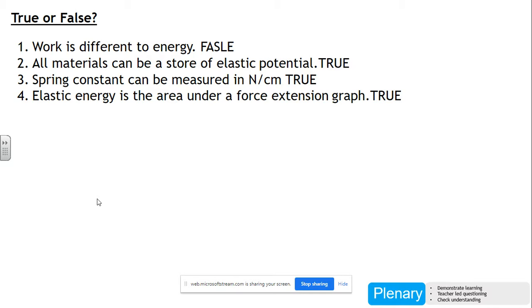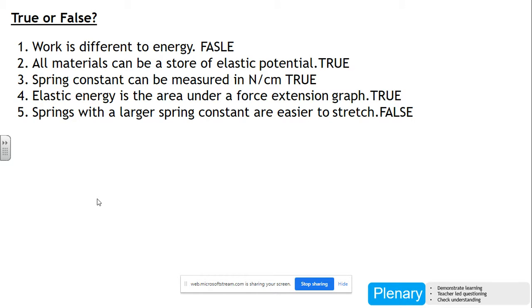Elastic energy can be found by the area under the graph. If you look at the formula, it's a half k e squared. We can get to that by measuring the area under the graph, which is a triangle. And springs with a larger spring constant are easier to stretch: that's false. If it's got a large spring constant, it's really, really hard to stretch.